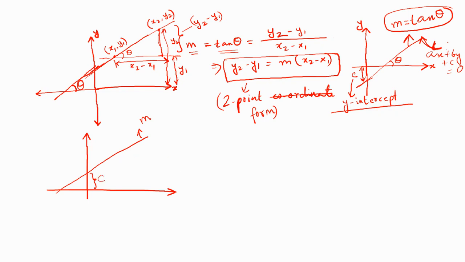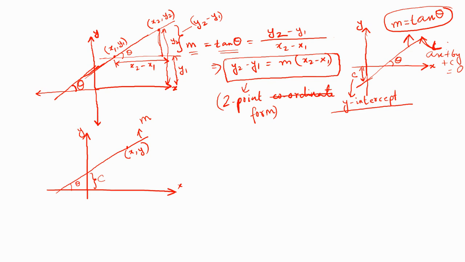So this is c and this is, let's say, angle theta. So what will be the straight line equation? So let's find a general point on this straight line, which is x comma y. So what will be the slope of this straight line?